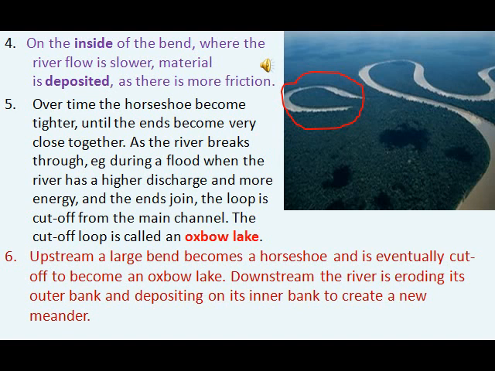Upstream, a large bend becomes a horseshoe and is eventually cut off to become an oxbow lake. Downstream, the river is eroding its outer bank and depositing on its inner bank to create a new meander.